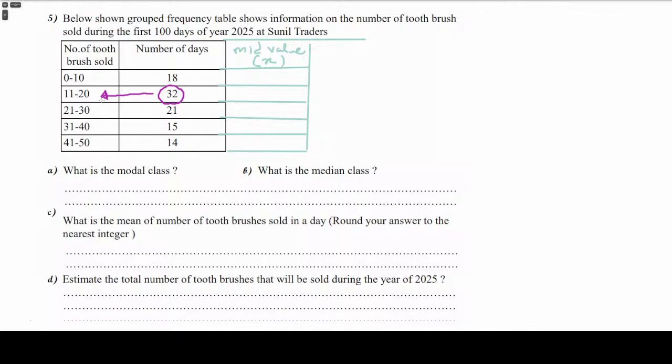All right. So what is the middle value from 11 to 20? Shall we write this? 11 to 20. What are the values that belong to 11 to 20? 11, 12, 13, 14, 15, 16, 17, 18, 19, 20.